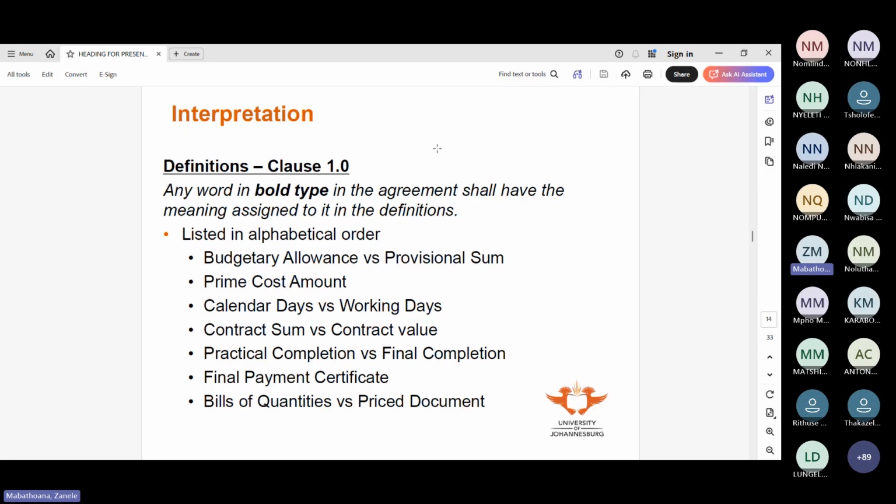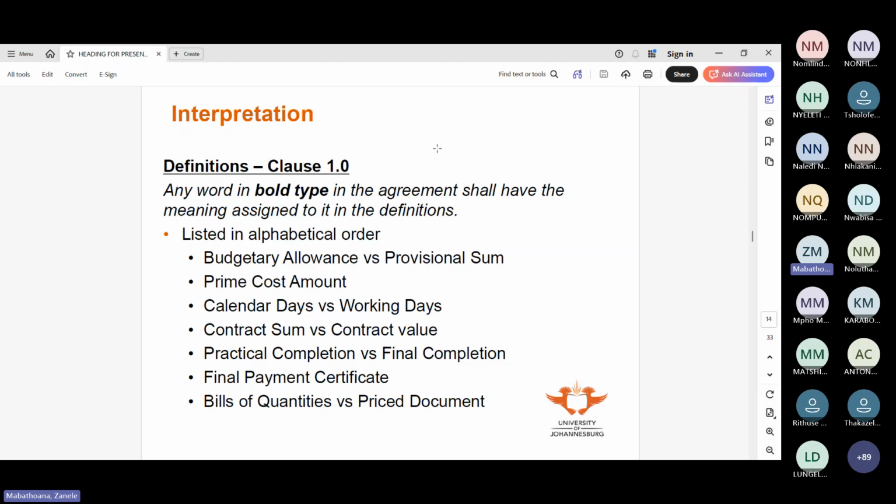So when you go to the definitions clause, they're listed in alphabetical order. And it will give you working days versus what working days mean by JBCC standards, what calendar days mean, what the budgetary allowance is, price document, bill of quantities, final payment certificate, practical completion versus final completion, contract sum versus contract value. All those things are defined.